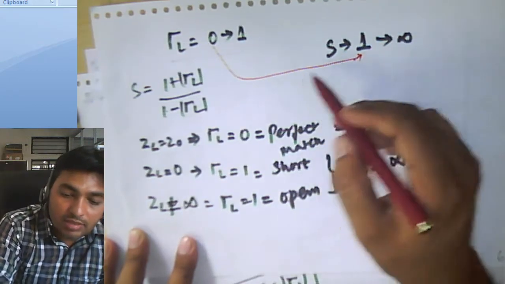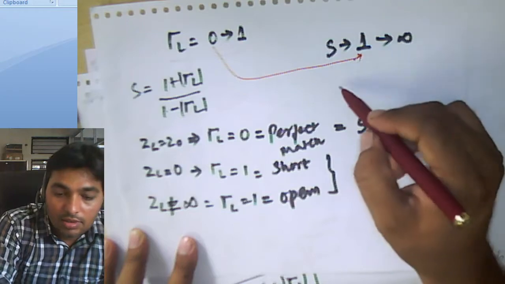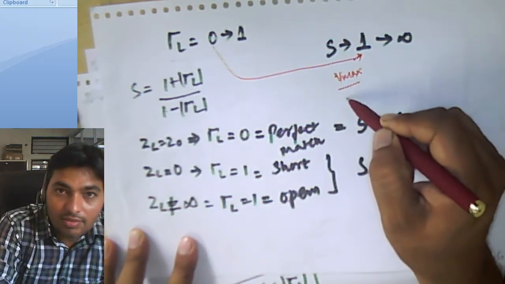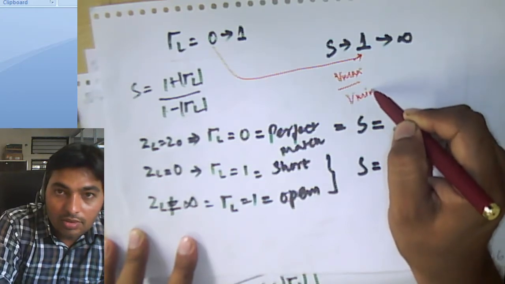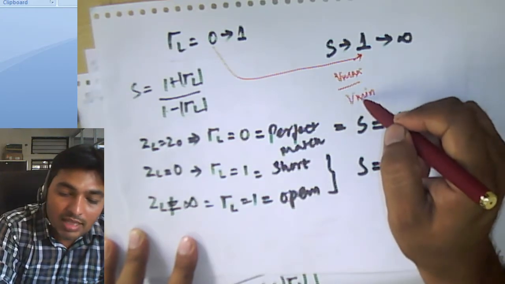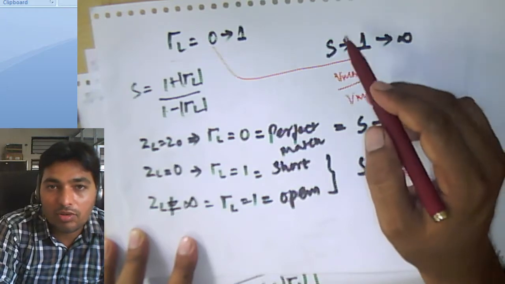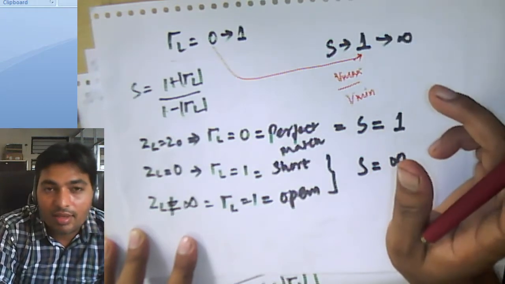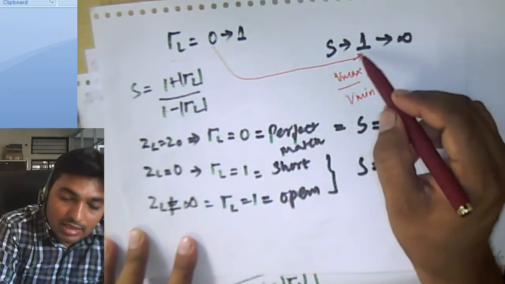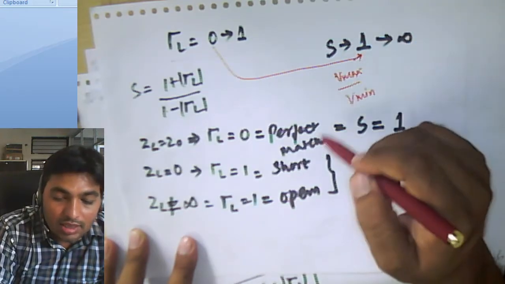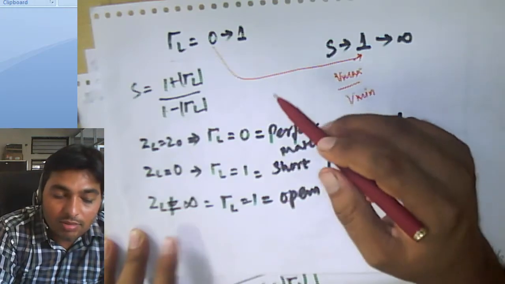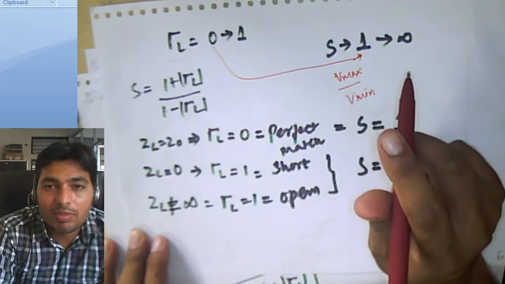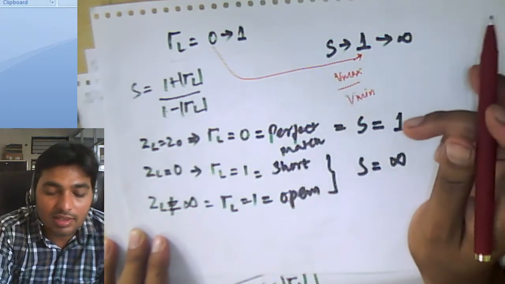We can also see from Vmax divided by Vmin that Vmax is always greater than Vmin, so S is always greater than 1. When S is equal to 1, ZL is equal to Z0, there is a perfect match, all the power is delivered to the load and nothing is reflected back.